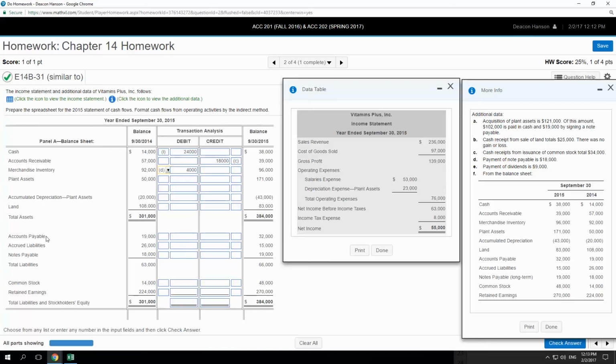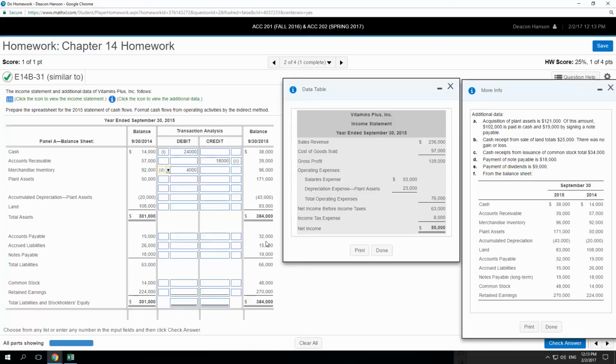Now I might jump down to the payables. I'll take care of the payables. So accounts payable increases, and I'm looking at current assets and current liabilities. The current payables would be accounts payable and accrued liabilities. Accounts payable increases from 19 to 32.